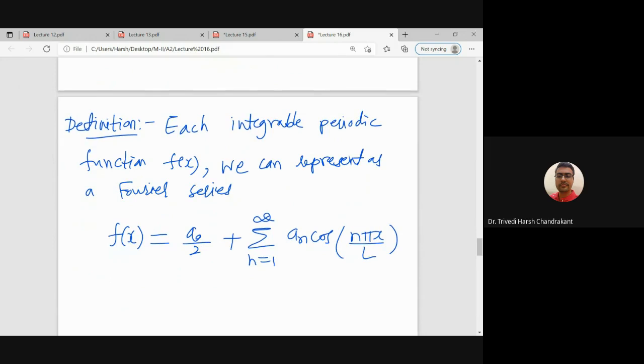Here we are assuming the period is 2L, so we divide by L. The second term is the summation n equals 1 to infinity of bn sin(n pi x divided by L).